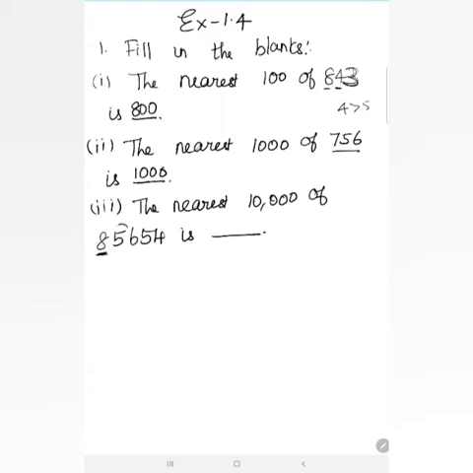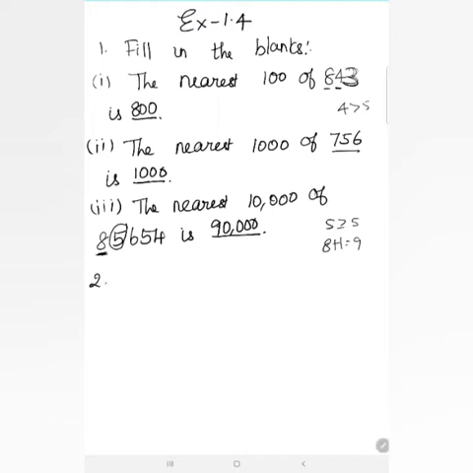So you check the 1000 place. It is greater than or equal to 5. So you take 85,654 as 90,000, because you have to add 8 plus 1, which is 9. The other numbers become 0. The answer will be 90,000. Okay.